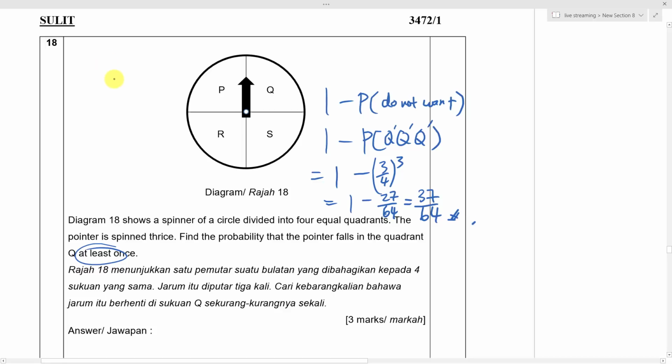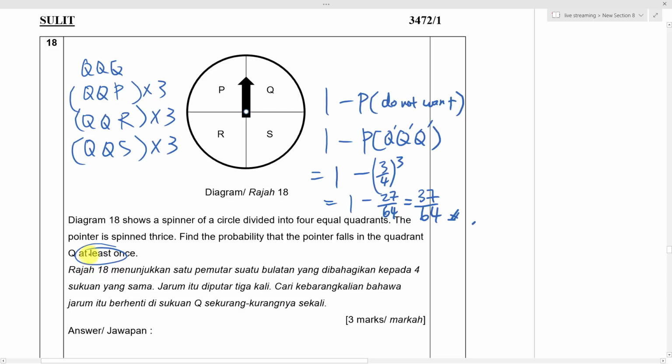Because at least 1 Q, if you do not want to do it like this, you need to work out all the possibilities. That means you can have QQQ, or QQ mixed with P, QQ mixed with R, and QQ mixed with S, and for those 3 you need to multiply by 3 because they can swap.